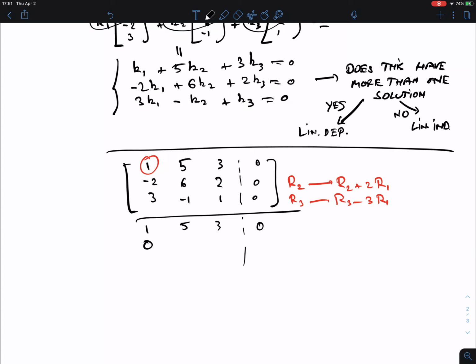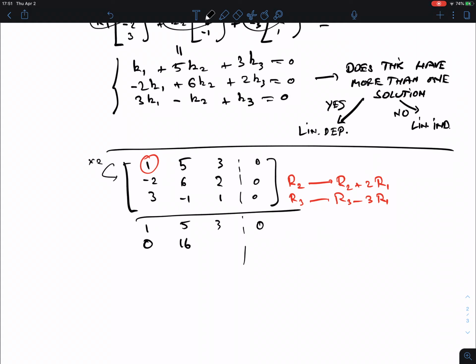I multiply by 2 and add: 10 plus 6 is 16, 6 plus 2 is 8, 0. Then I multiply by negative 3 and add: 0, negative 15 plus negative 1 gives negative 16, negative 9 plus 1 is negative 8, 0.